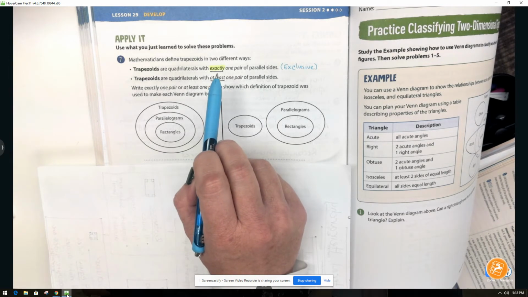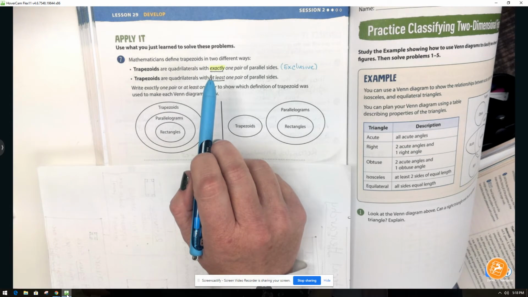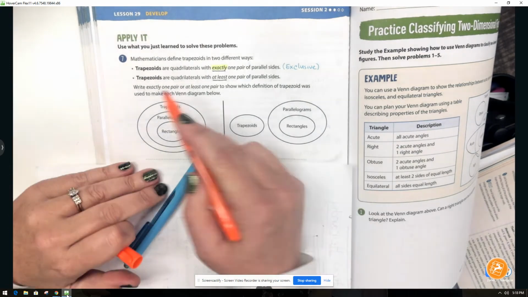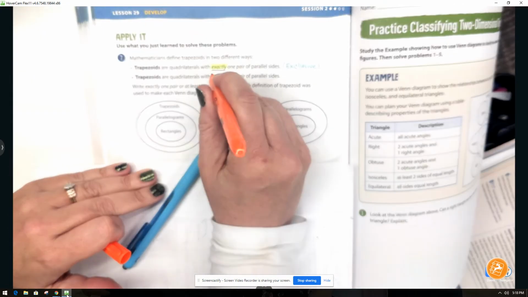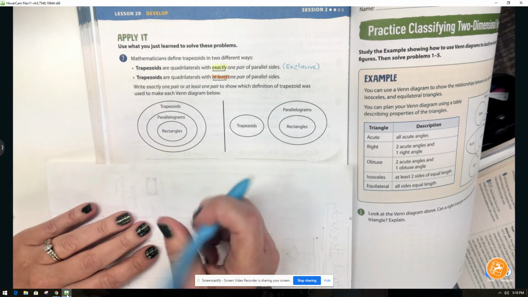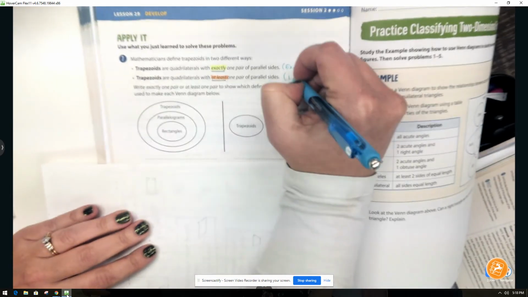So if you think of a trapezoid that way, then it's going to change the way that our Venn diagram looks. The other way you can think about a trapezoid is that trapezoids are quadrilaterals with at least one pair of parallel sides. And this is called inclusive.